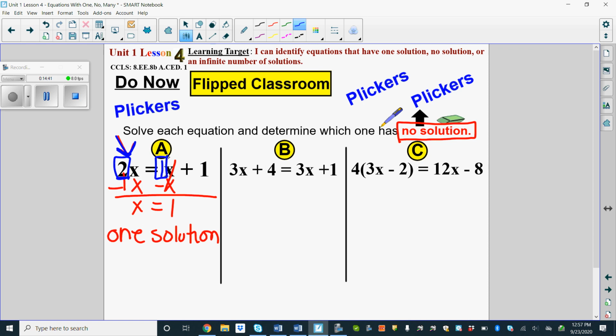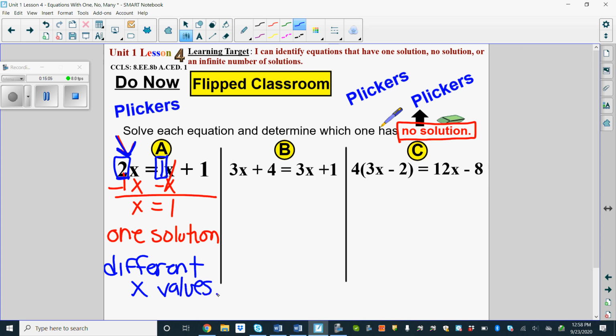So if it's just asking you to identify what solution this has, and you don't even need to solve it, you can say, oh wow, let me just look at their equation. They have different x values. I know this will have one solution. So I would write this down: one solution will always have different x values.